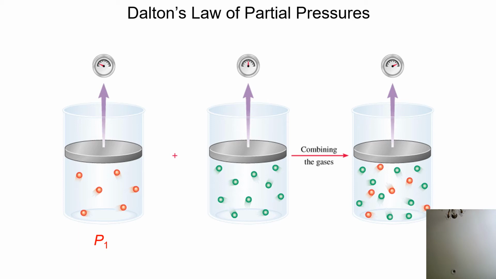And the partial pressure is the pressure the component gas would have if it alone occupied the container. So we have two gases, gas 1 and gas 2. Gas 1 has a pressure of P1, gas 2 has a pressure of P2. And when they're combined in the same container, when V and T are constant, then the total pressure is going to be the sum of the pressures of the two component gases.